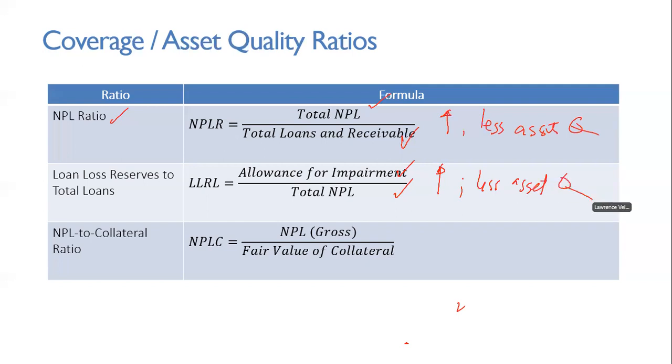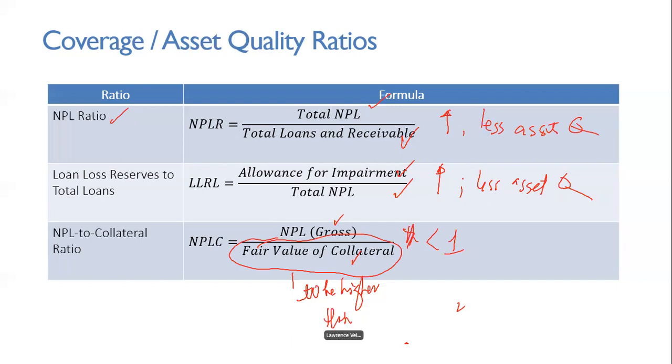Next, NPL divided by fair value of collateral. You want this to be less than 1 because you want the fair value of collateral to be higher than the NPL, right? So you want this to be less than 1. That is the good news here.